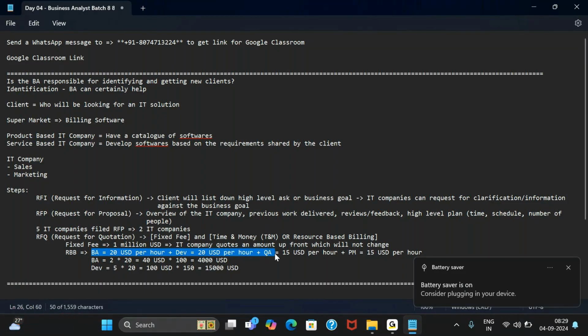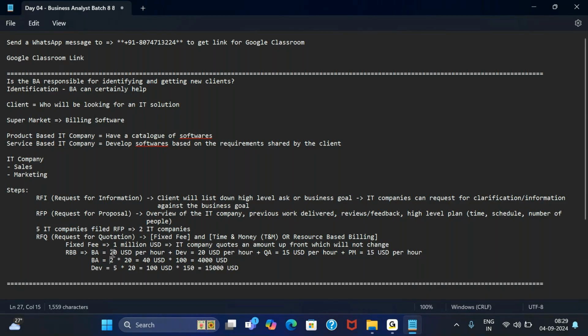Now, in the starting, I'm saying maybe I'll have two BAs. Maybe as the project progresses, I will hire one more BA because there is too much work coming in. So if I hire one more BA, then accordingly my total value will change.